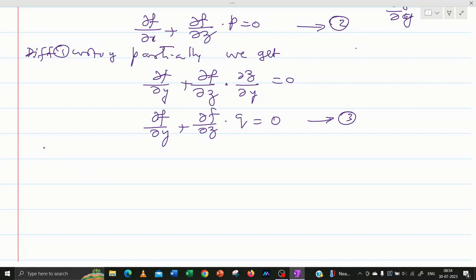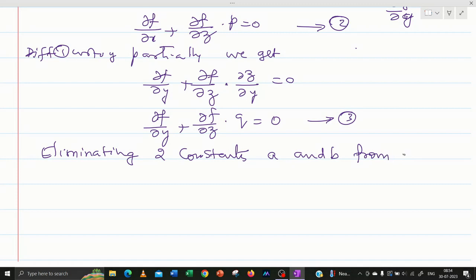So we have to eliminate the two constants a and b from these three equations. What are the three equations here? The given equation 1, and then equation number 2 and 3.